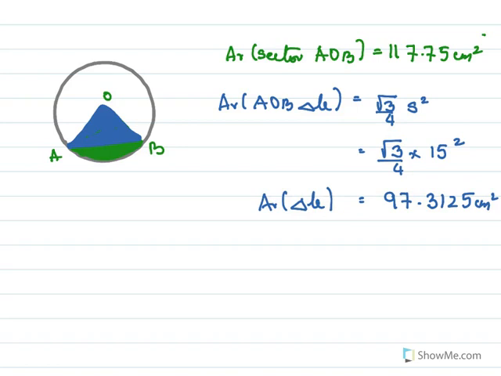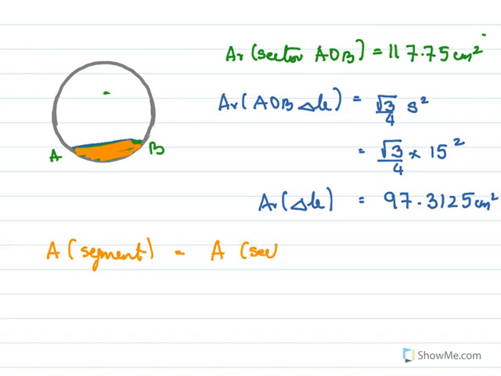Now after we subtract, what will remain? If we subtract this triangle from the sector, what will remain is the segment. So now to find the area of this segment, we need to do area of sector minus area of triangle.